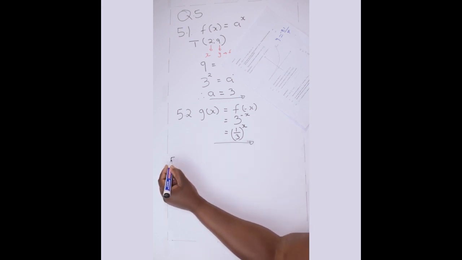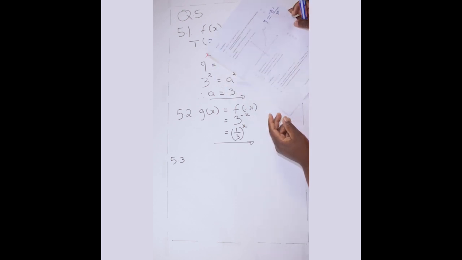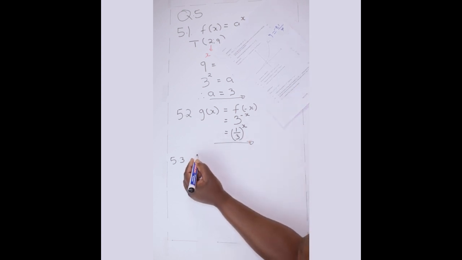5.3, it's our third question. The third question says, determine the values of x for which f to the power -1 of x, the inverse, is greater than or equal to 2. Now, what is the inverse of f of x?